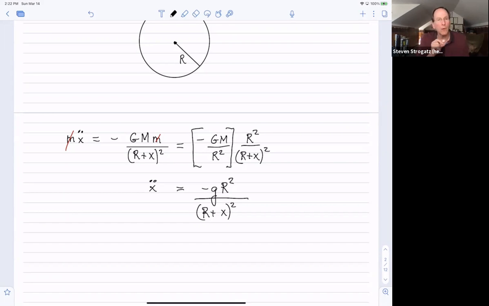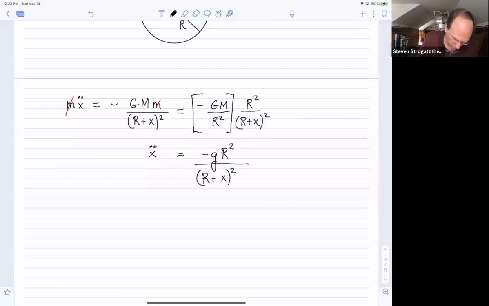Now, reasonable initial conditions for this problem would be, we're starting at the surface of the Earth. So initial conditions, which for the rest of this course, I will occasionally tend to abbreviate as just ICs.